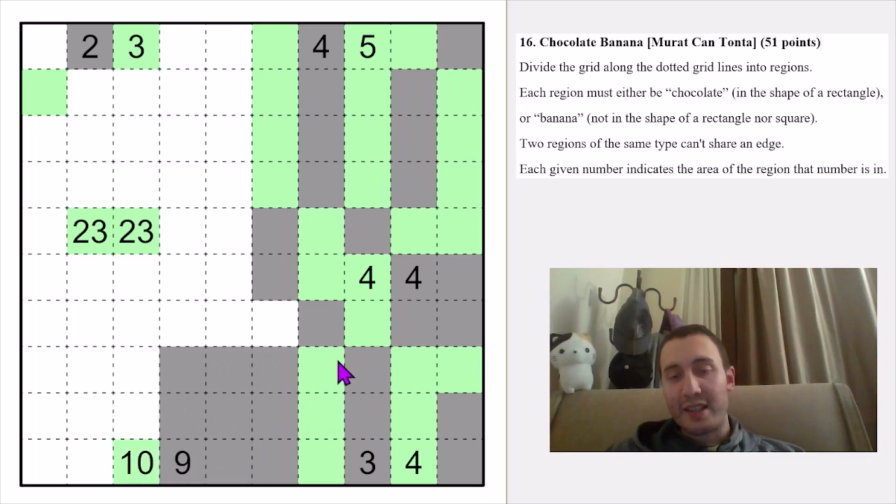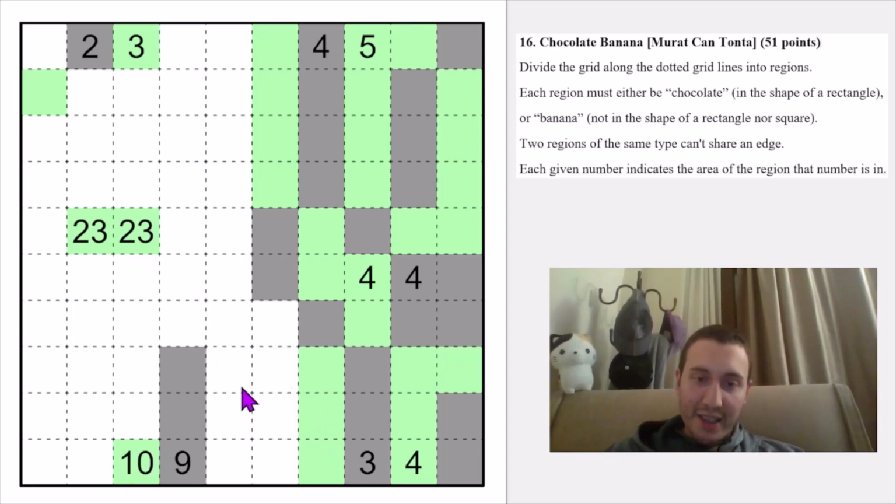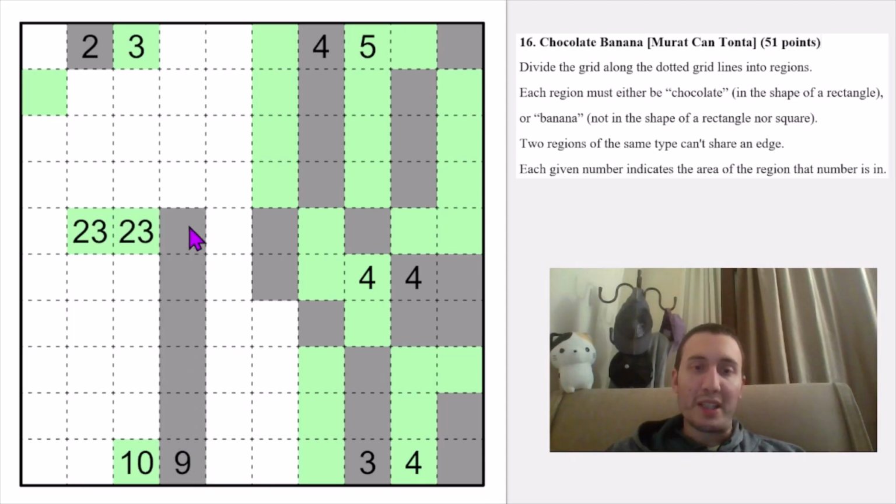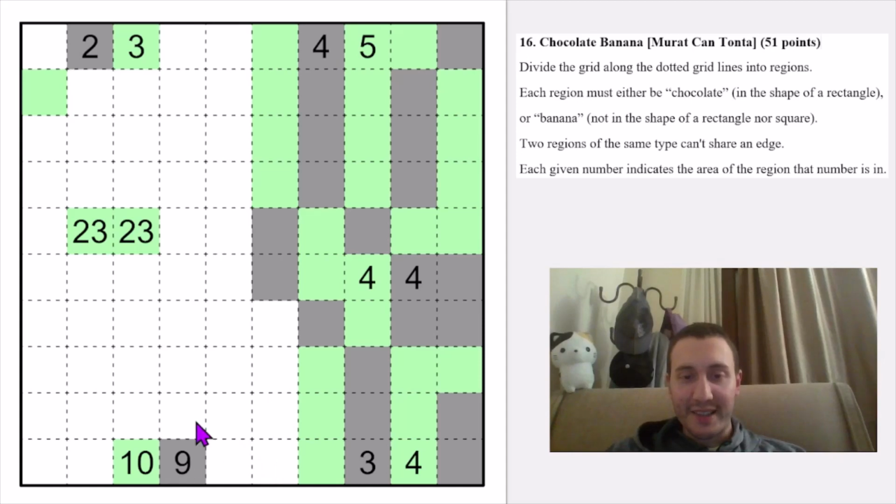But again, it leaves behind a banana region that is not a banana yet. And the other option for the 9 would be being a 1 by 9, but it breaks so many things when you color the opposite cells.